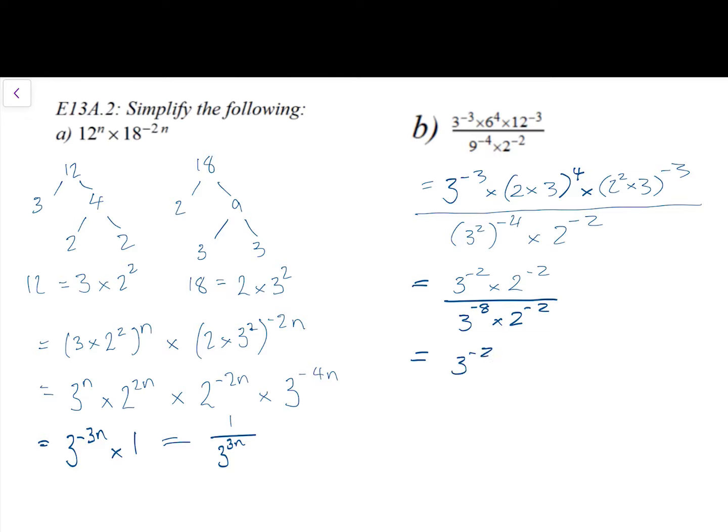3 to the power of negative 2 minus negative 8, or just 3 to the power of 6. Because our 2s cancelled out.